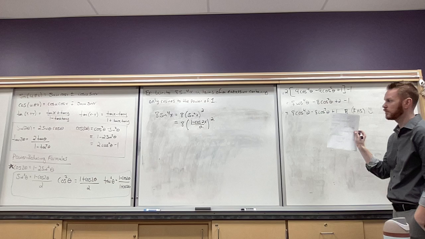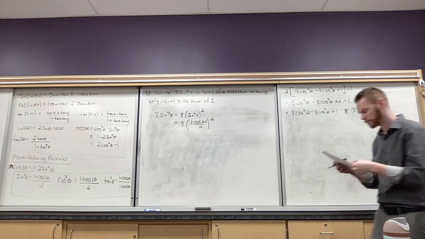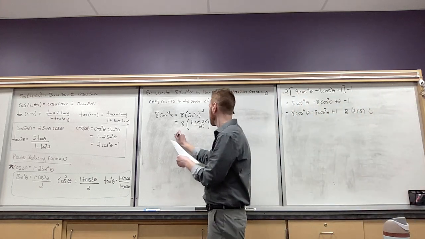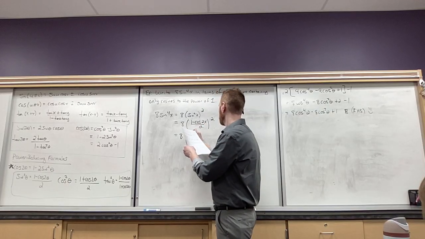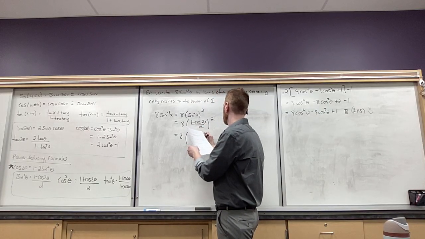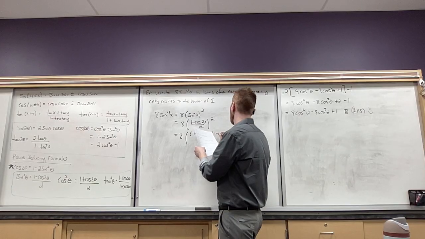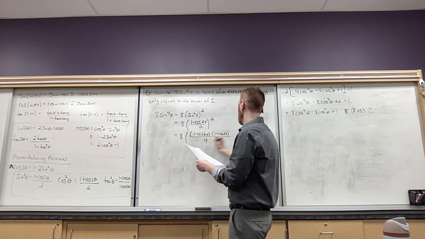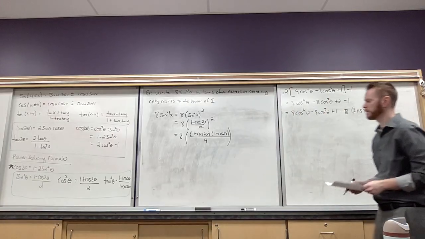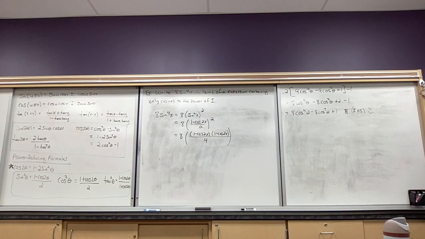So now I have to handle that fraction being raised to the 2nd power. Okay? So let's do that. We get 8 times... up here I'm going to rewrite it because we're going to have to multiply it twice. The denominator, 2 squared is just 4, so that one I can go ahead and simplify immediately. So far so good.